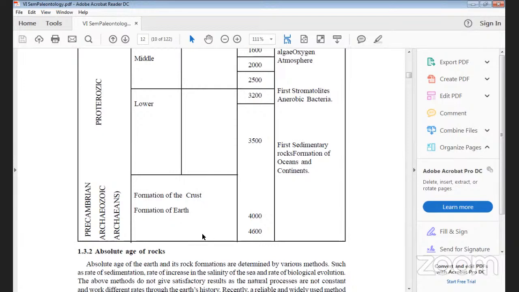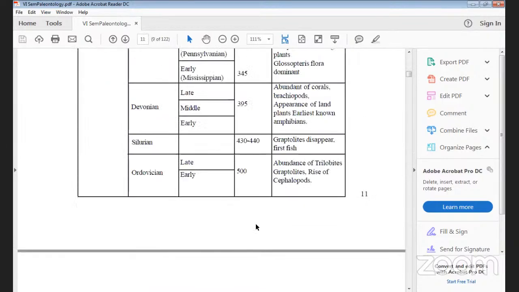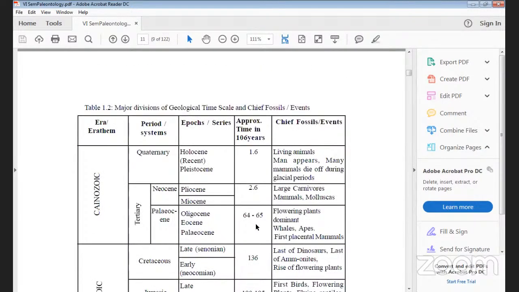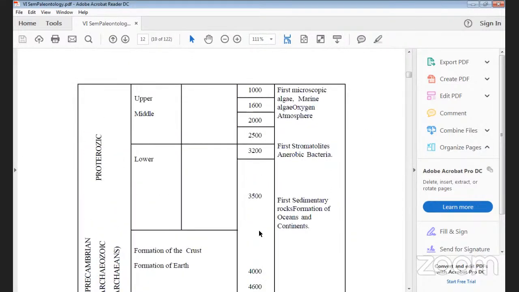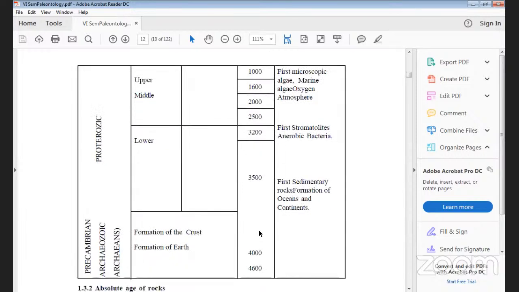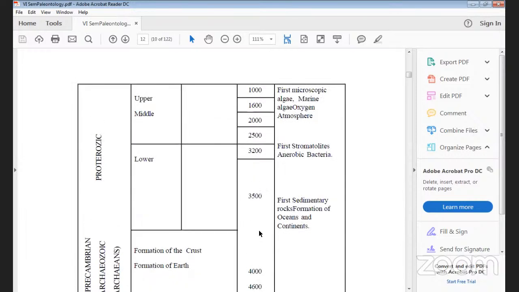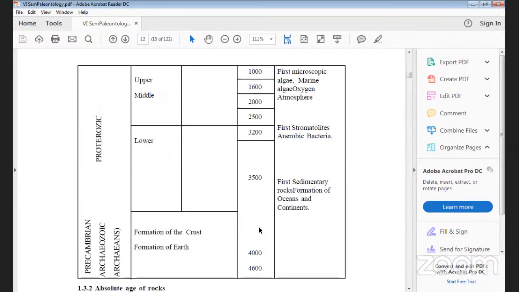The age was approximately 4,600 million years. And next, there was no life.